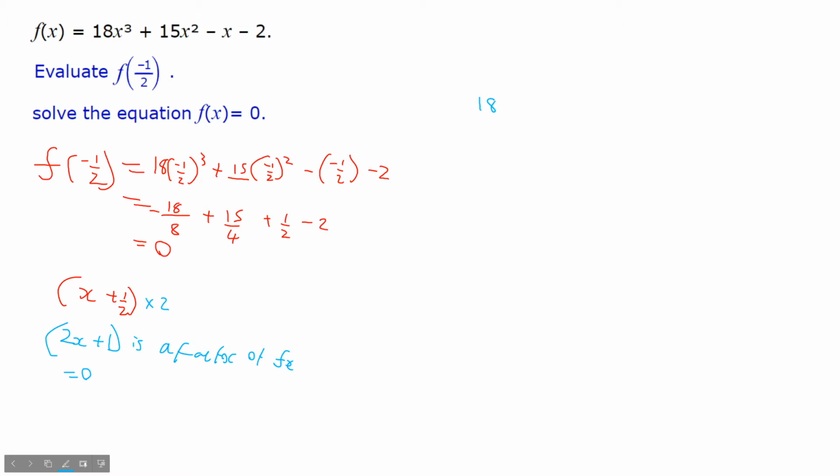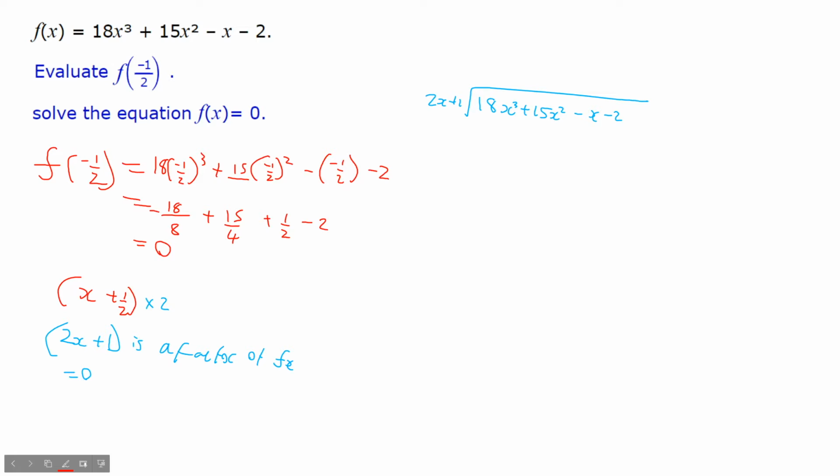We've got 18x cubed plus 15x squared minus x minus 2, and we're dividing it by 2x plus 1. How many times does 2x go into 18x cubed?